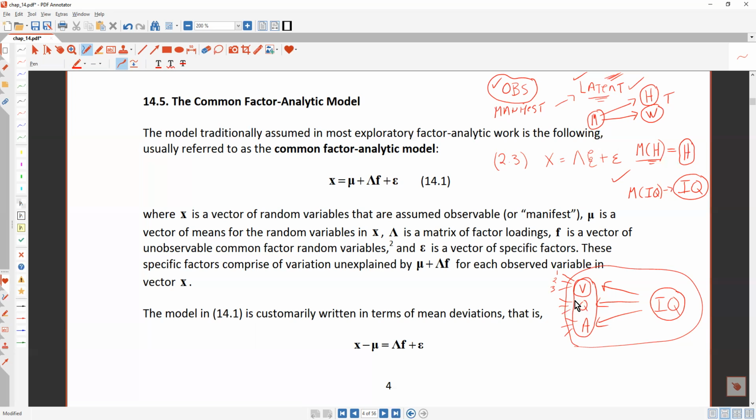And then somebody says, how do you know that person has good verbal ability? Because I'm observing manifest variables that suggest there's an underlying theme of verbal ability. Just like I'm observing verbal ability, which suggests there's an underlying theme or construct, latent variable of IQ.